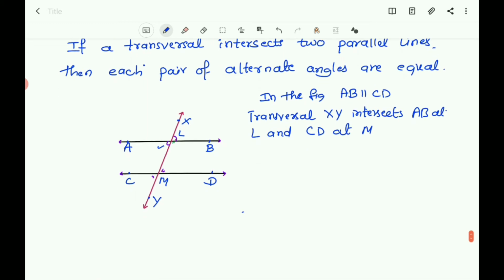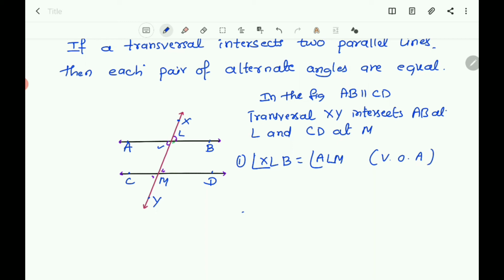How is it? Here you know that angle XLB is equal to angle ALM. Angle XLB is equal to angle ALM. You know the reason? They are vertically opposite angles. Naturally they are equal.